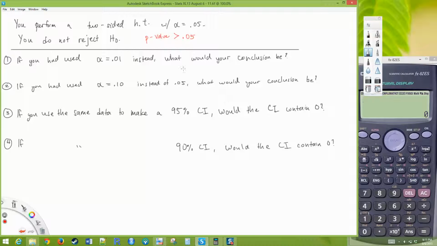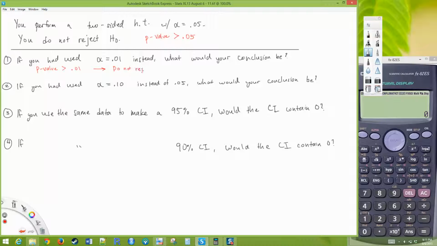If we had used alpha equal to 0.01 instead, using the same data we would get the same test statistic and the same p-value. We don't know exactly what that is, all we know is that it's greater than 0.05. So it will also be greater than 0.01, and so what would your conclusion be?